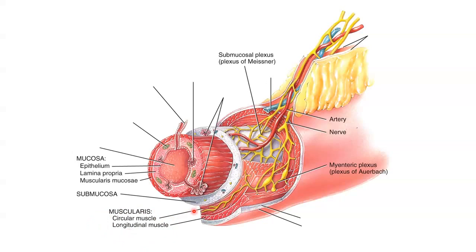We have the inner circular layer, which contracts around the tract, and then our outer longitudinal layer, which will contract along the tract. We have our myenteric plexus here. So remember, my means muscle, enteric means gut. So this basically controls the contraction of the gastrointestinal tract, so both our stomach and our small intestine.